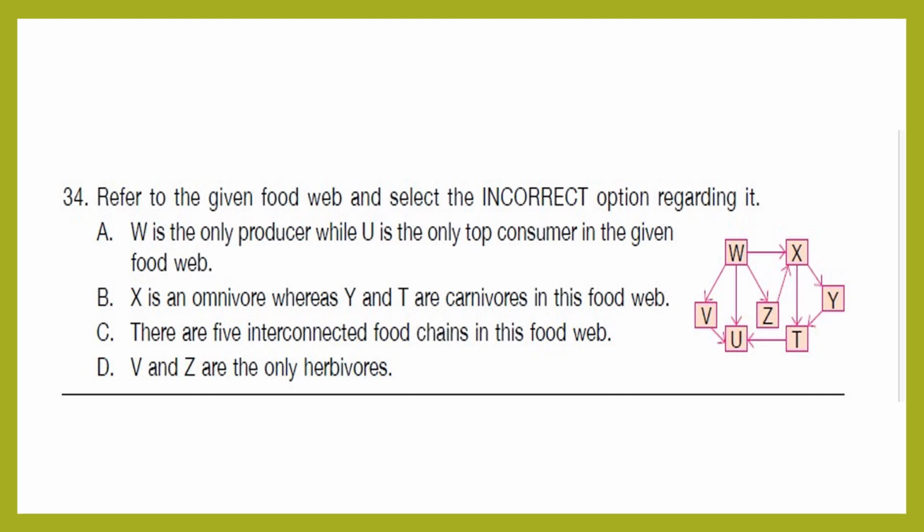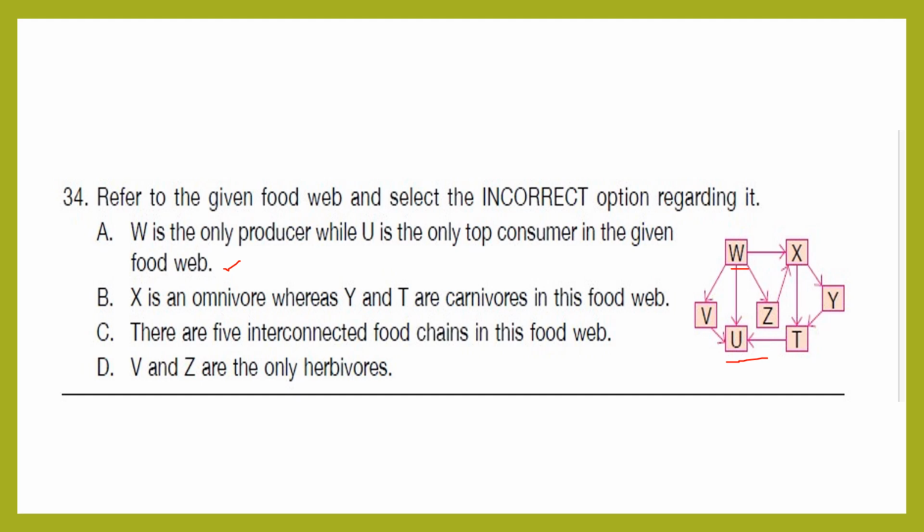Here V, U, Z, X all feed on W. That means W is a producer and W is not eating any others. So W is the only producer while U feeds on V, on Z, T, and W. So U is the top consumer. So this option is correct.